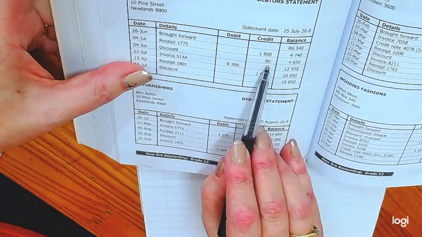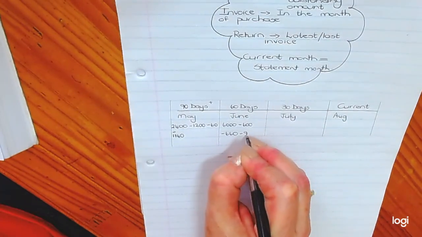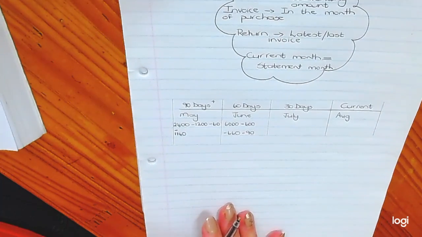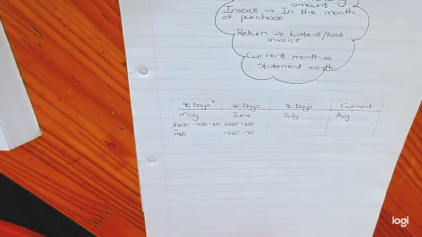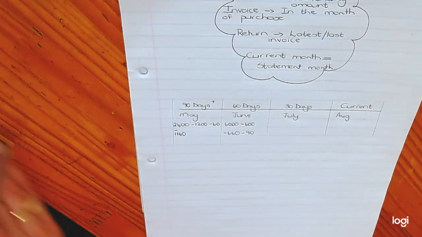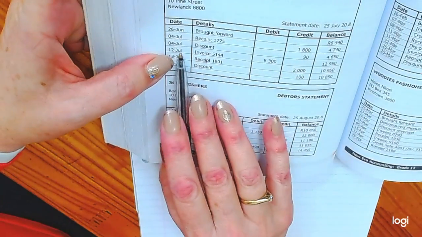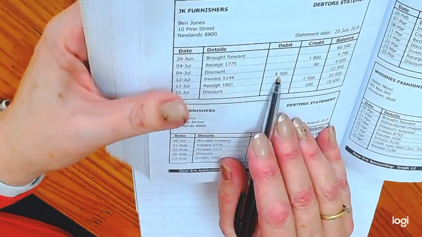The 90 Rand will also go to the oldest amount, which is still outstanding. And there's quite a lot still outstanding there. Sorry, I wrote 60 and I wrote 90. It is the 90 Rand that's got to go against the 6,000. Right, let's continue. Now we have an invoice in July, 8,300.